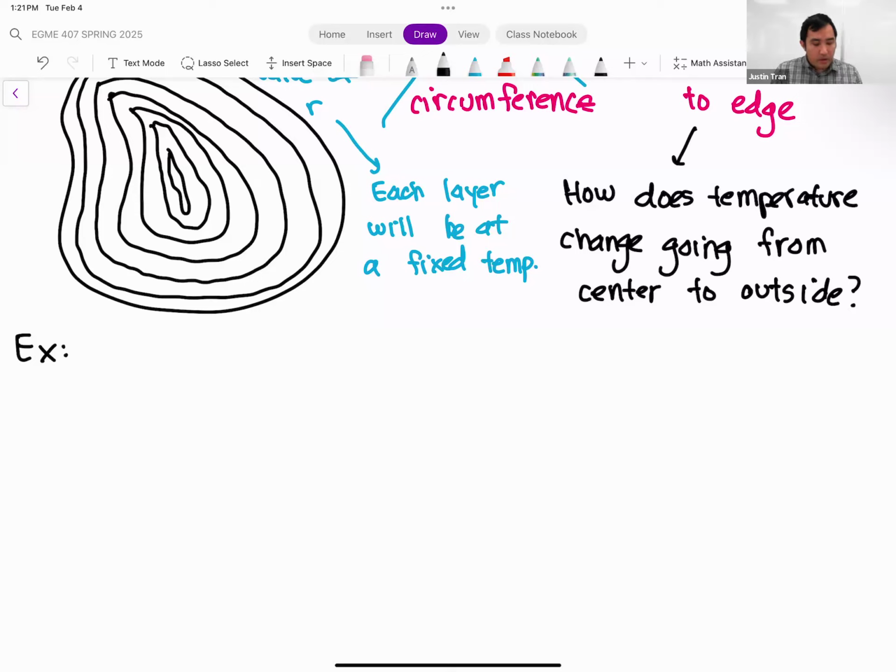For this example, we are going to be solving the heat equation for the simplest case that you can imagine. We're looking at a hollow cylinder, and this hollow cylinder is going to have fixed temperatures at the inner radius and the outer radius.